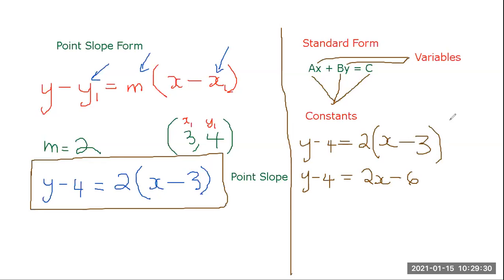And with my standard form, I know that I need my x and y variables on the left side, so I need to move that on that side. So I'm gonna move this over here so it becomes y minus 2x is equal to negative 6 plus 4. So I move the 4 to the other side, and then I move the 2x to that side.